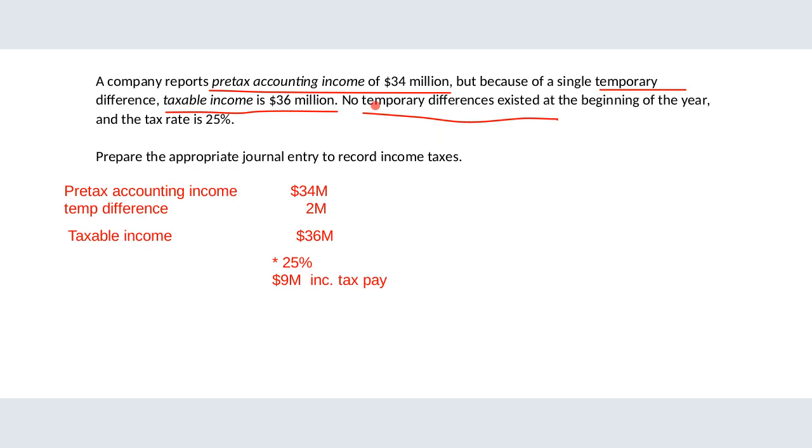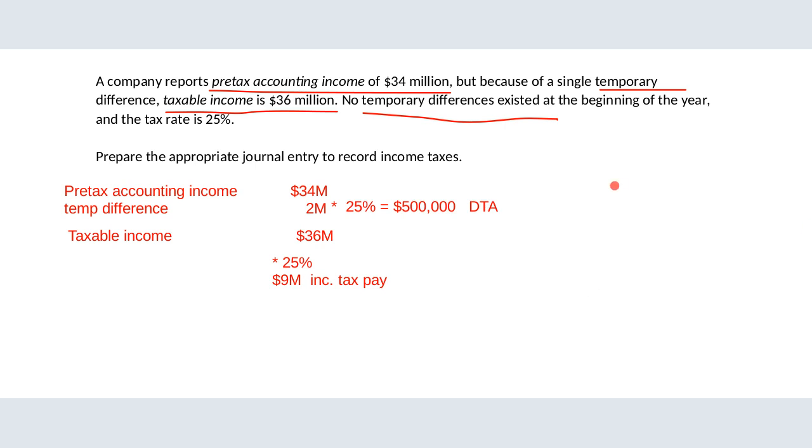And then we were told there were no beginning amounts for deferred tax assets, so we don't have to worry about that. We just take 25% of the 2 million, which is 500,000. And so this is going to be our deferred tax asset.